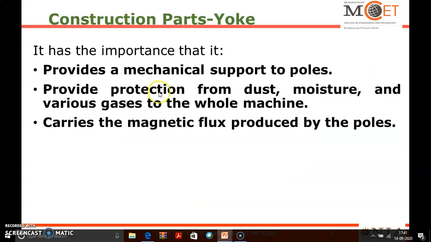The important functions of the yoke are to provide mechanical support to the magnetic poles of the stator, to protect the entire motor from dust, moisture and various gases, and to carry the magnetic flux produced by the magnetic poles of the electric motor.